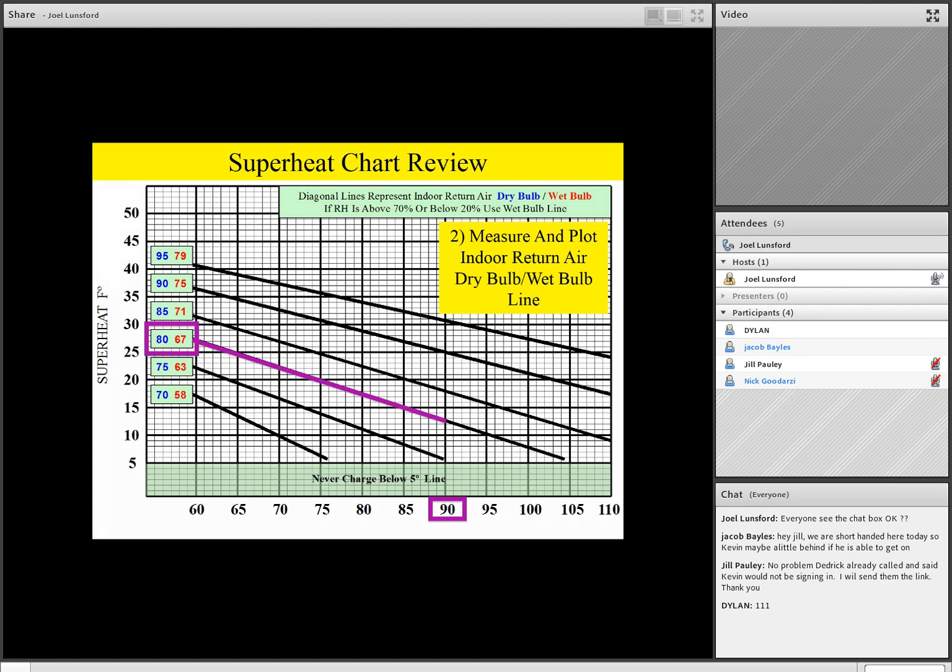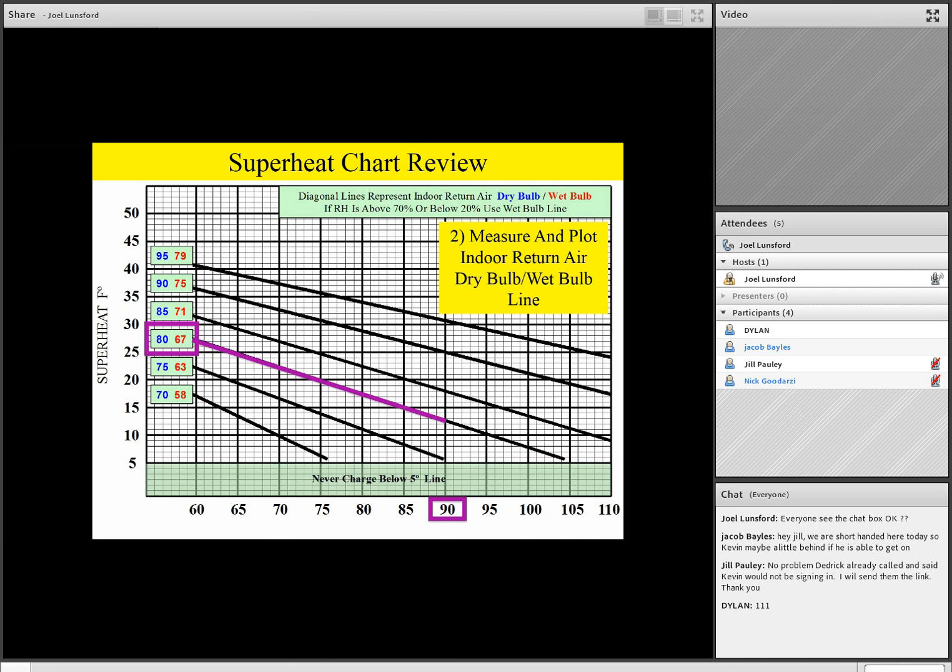In this example, I'm making this up, but let's say it's 50% relative humidity in the space. We measure with our digital or sling psychrometer a 67 wet bulb and an 80 degree dry bulb temperature.